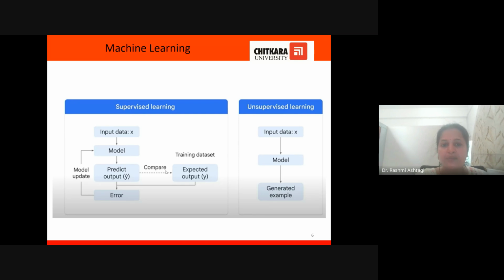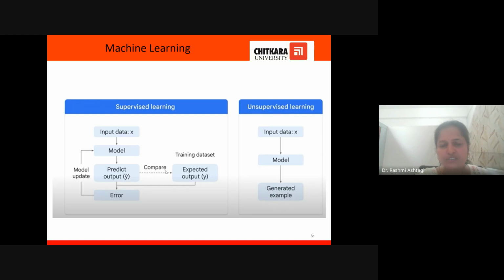By seeing that, the kid will get trained, and the next new dog might be a different color, different look-wise, but by seeing most of the features, the kid will understand that this is a dog. The same sort of thing we are developing with machines. We are training them by giving images, data.